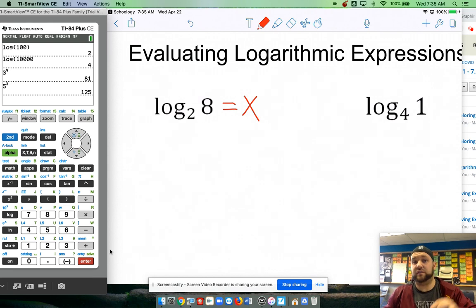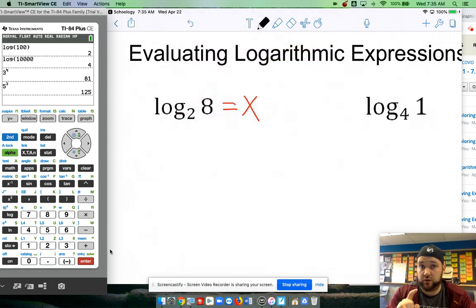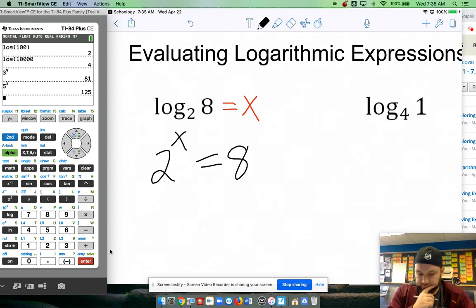Log base 2 of 8 is equal to what number? If I took this statement and rewrote it as an exponential equation, it would be 2 to the x power equals 8.